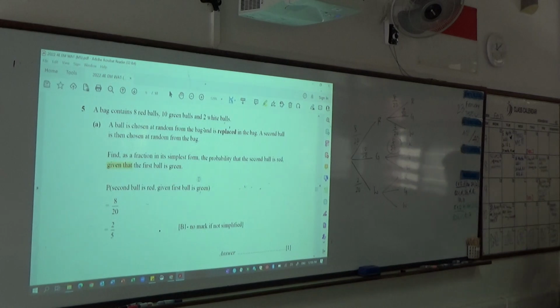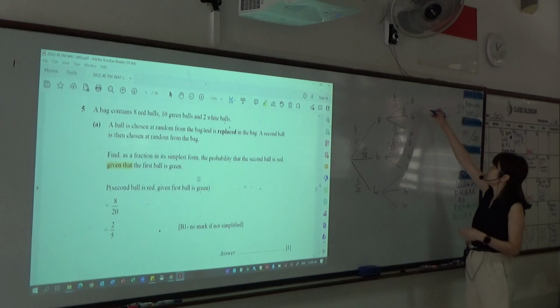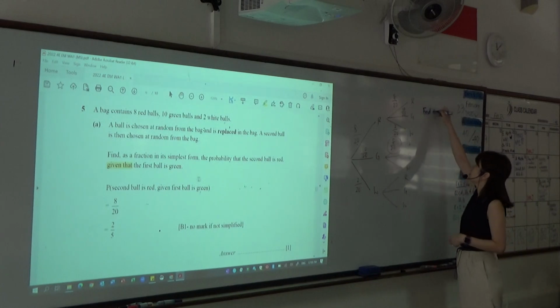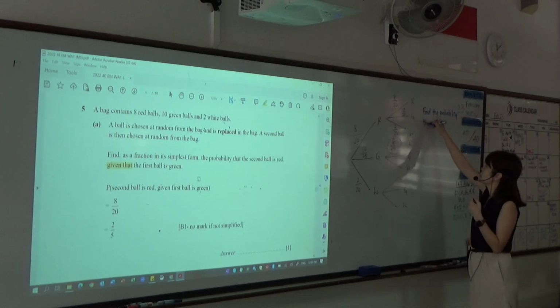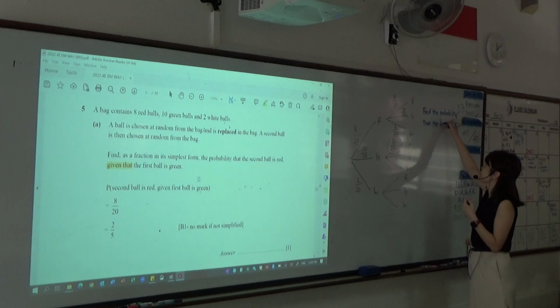It is a different phrasing. What many of you did was to find the probability that the first ball is green and the second ball is red.